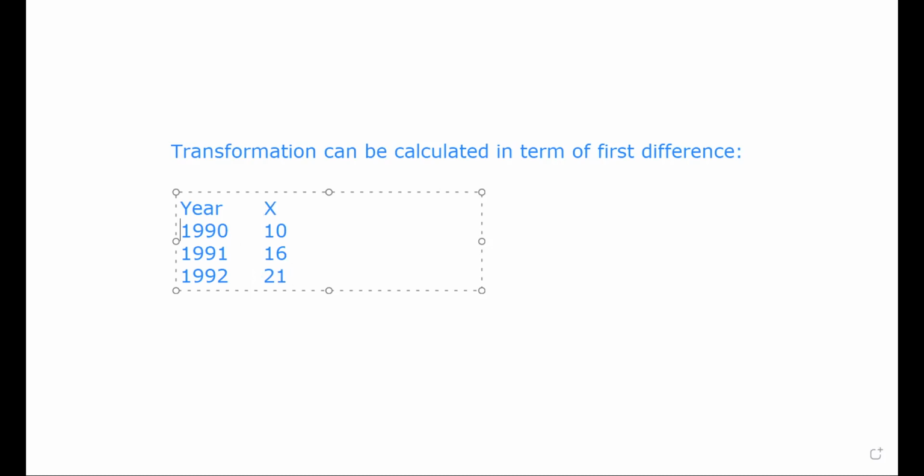So we have delta X. Here there is no sample because we have no previous data. Here, 16 minus 10 is 6. Here we have 21 minus 16, which is 5. Okay, this is the transformation of data. We transform data into first difference.